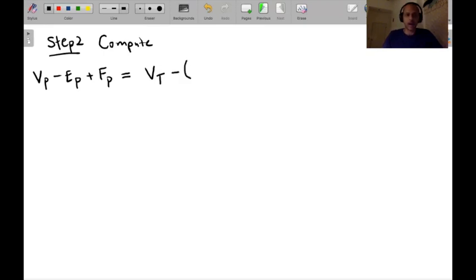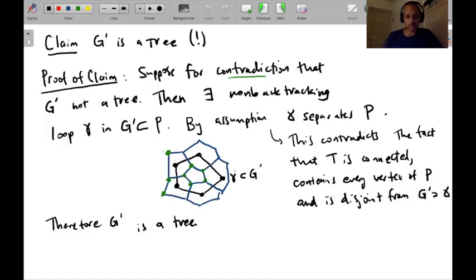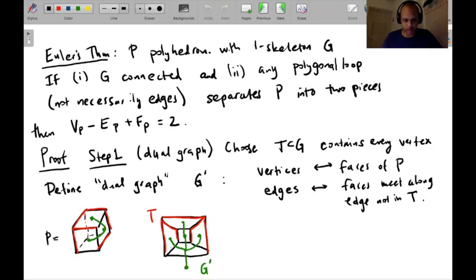And now the edges of P, well, there's two sorts of edges. There's the edges that come in T, and then there are the edges that come from edges of the dual tree. So maybe this picture is the right picture. So you have edges in T, and then you have edges that correspond to edges in the dual tree, as you see here.